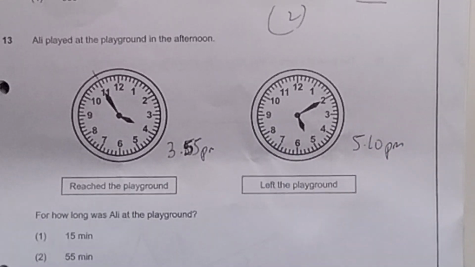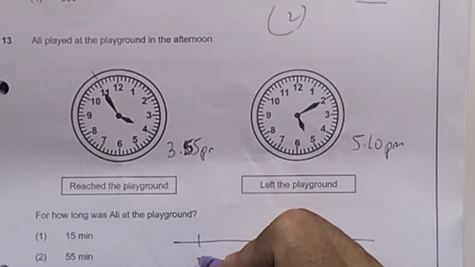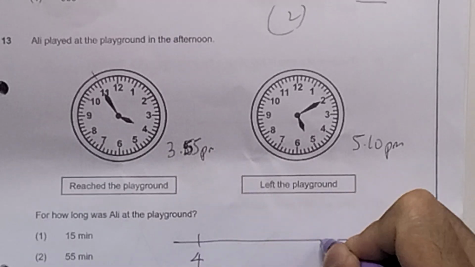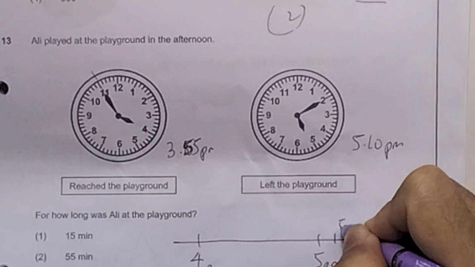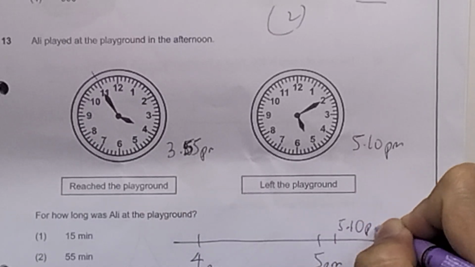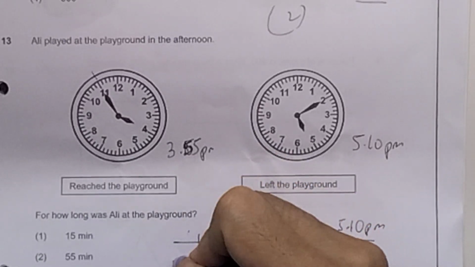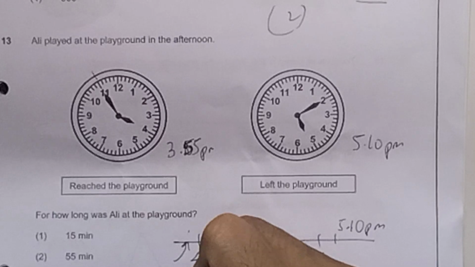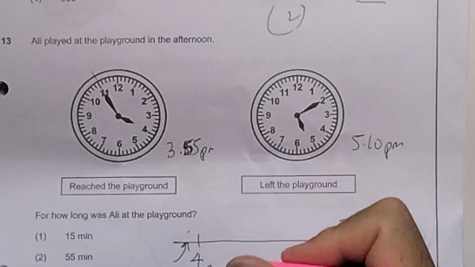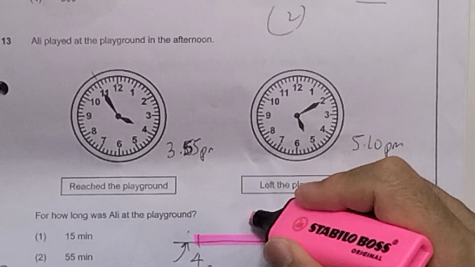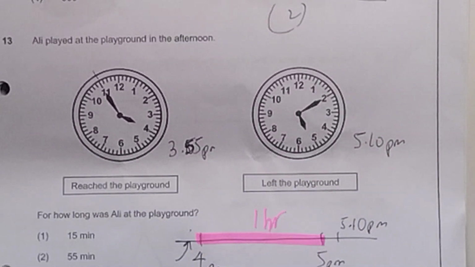So how long did he play? If I use a number line to see. So this is 4 o'clock, this is 5 o'clock. And this is 5:10 p.m. where he left, and this point where he came was at 3:55 p.m. Now in between 4 and 5 here, this would be 1 hour.